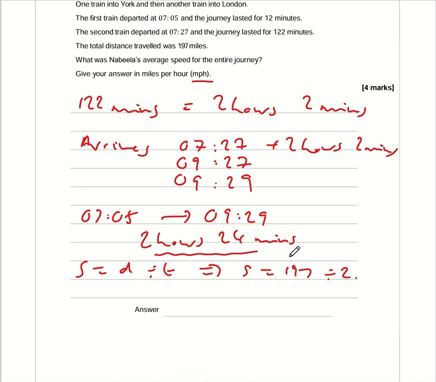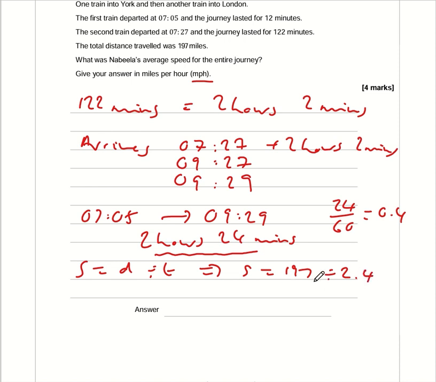Now it's not going to be 2.24 because there's not 24 minutes in an hour. It's 24 60ths of an hour, 24 minutes out of 60, and if you type into your calculator 24 divided by 60, you'll get the decimal equivalent, which is 0.4. So 2 hours 24 is 2.4.